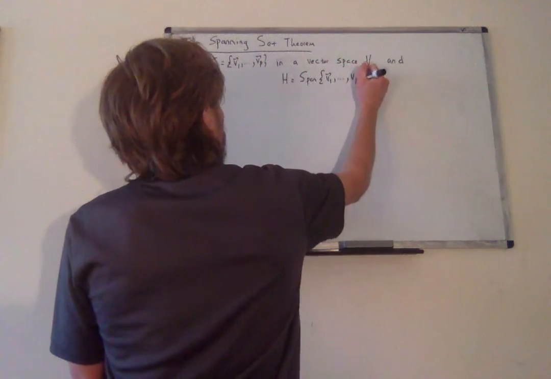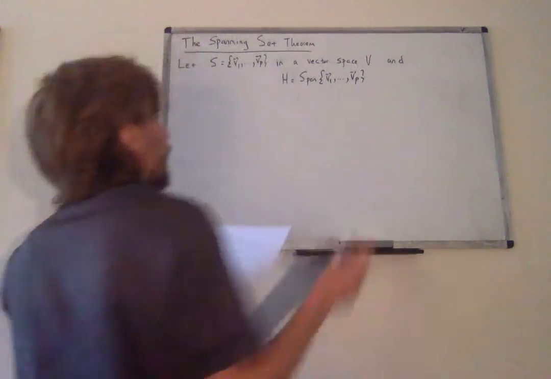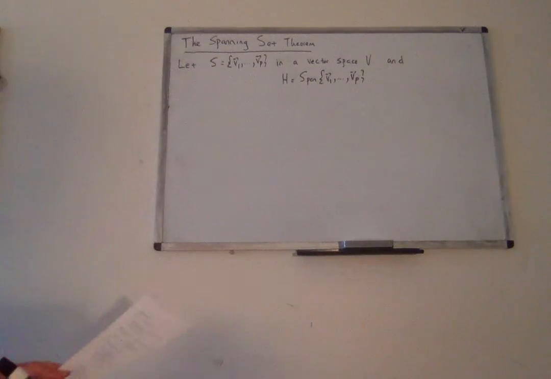So remember, H is a subspace of V, and H is just equal to all linear combinations of these vectors.